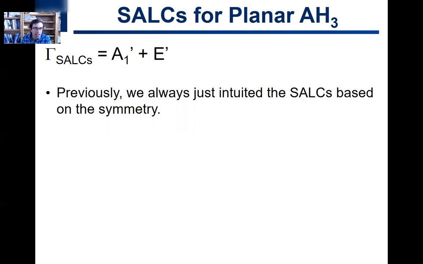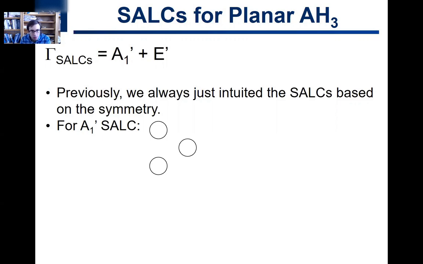You can do that. Just in the same way that in vibrational spectroscopy, we use the projection operator to visualize the bends and stretchings of vibrations once we had their symmetries, we can visualize the SALCs once we have their symmetries. So now we have their symmetries, so we're going to use the projection operator. The A1 prime SALC is totally symmetric, so you know what it's going to look like.